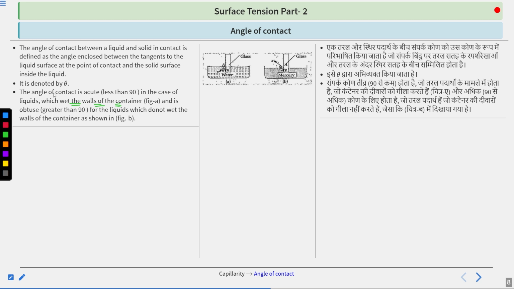So the angle of contact will be less than 90 for these scenarios, and is obtuse when it is greater than 90. It is for the liquids which do not wet the walls of the container. So for the liquids that depress, it is obtuse, greater than 90.